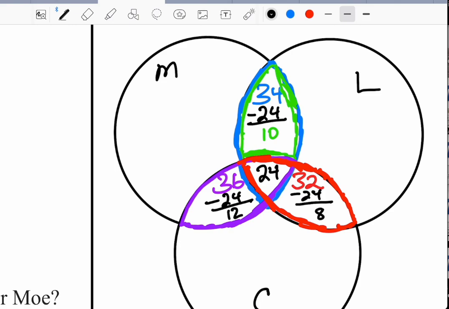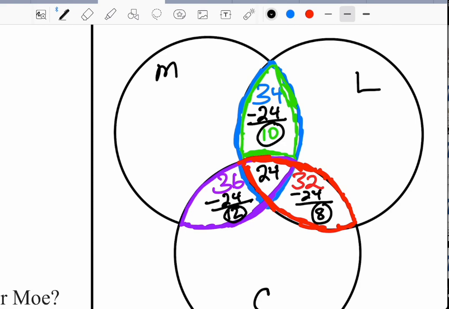All right, so we have 10, 12, and 8 as the relevant values. Now you don't have to show the computations, but it's easier to keep track of it if you do. Yeah. Why are we subtracting the middle number from each wedge?